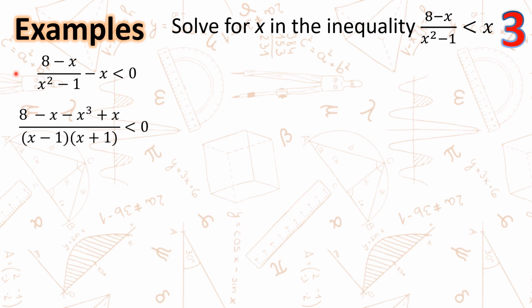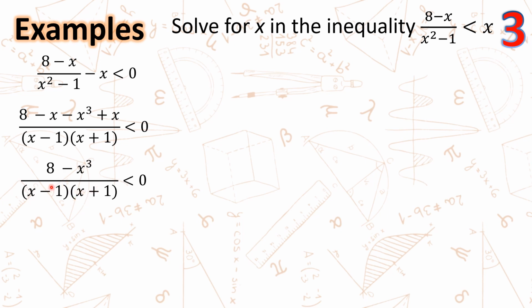The denominator is x minus 1 times x plus 1, and that will be our LCD. So in the numerator, we'll have 8 minus x cubed plus x. The numerator can be simplified as 8 minus x cubed all over x minus 1 times x plus 1 is less than 0.